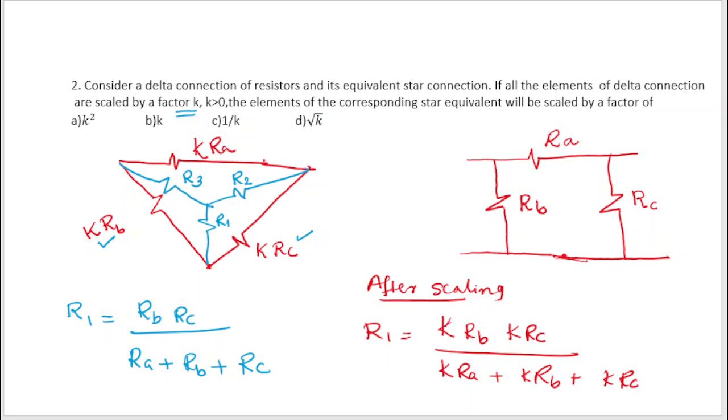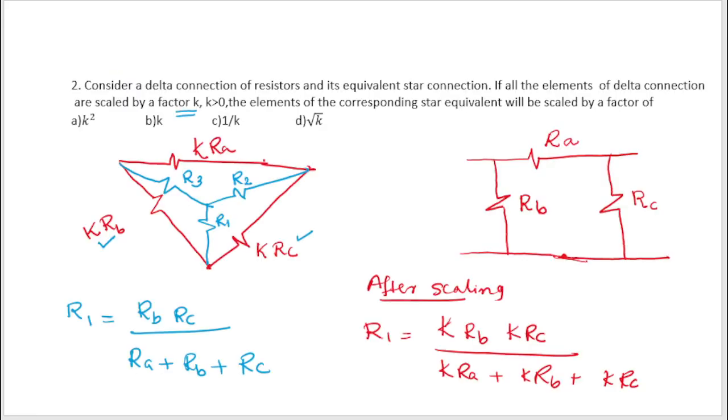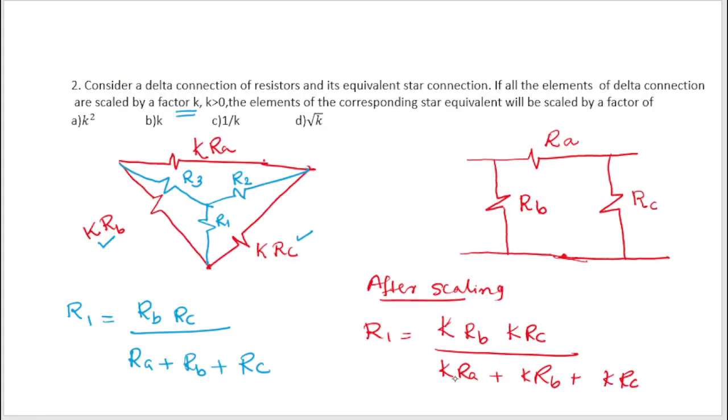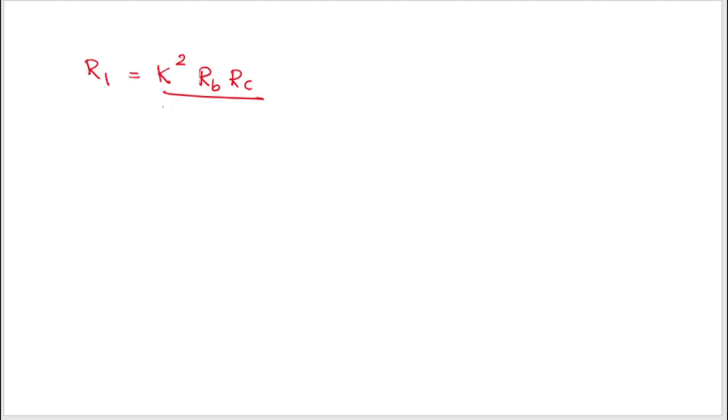This will be equal to k squared RB RC divided by, in the denominator, k taken as common, k into (RA plus RB plus RC). So one k will be cancelled.